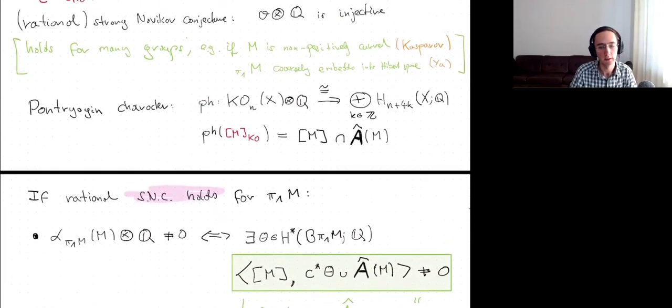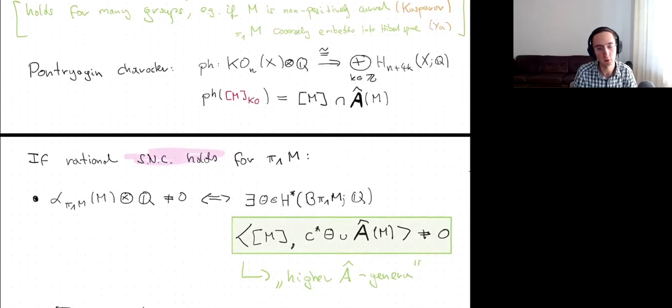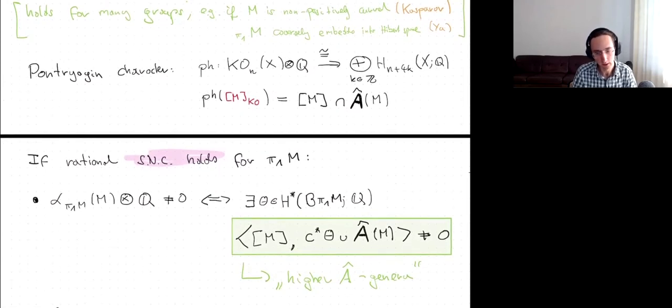So this somewhat mysterious object, its non-vanishing in good cases, can actually be formulated just in terms of these so-called higher A hat genera.